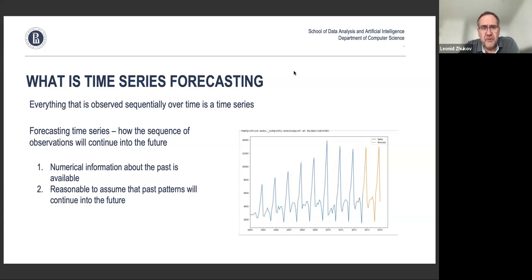When we do those forecasts, there are a couple of things we take into account: that numerical information about the past is available, and that the past patterns will continue into the future. But again, remember that in real life, you might also need to control for or calculate the dependency on external factors.